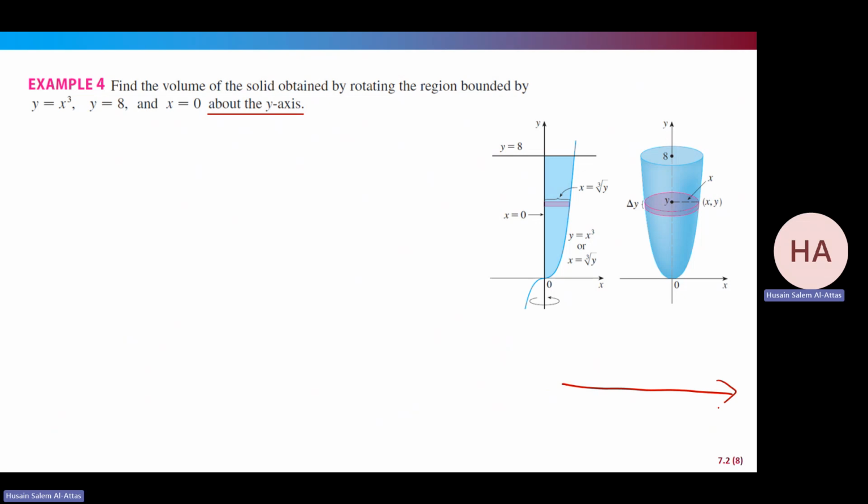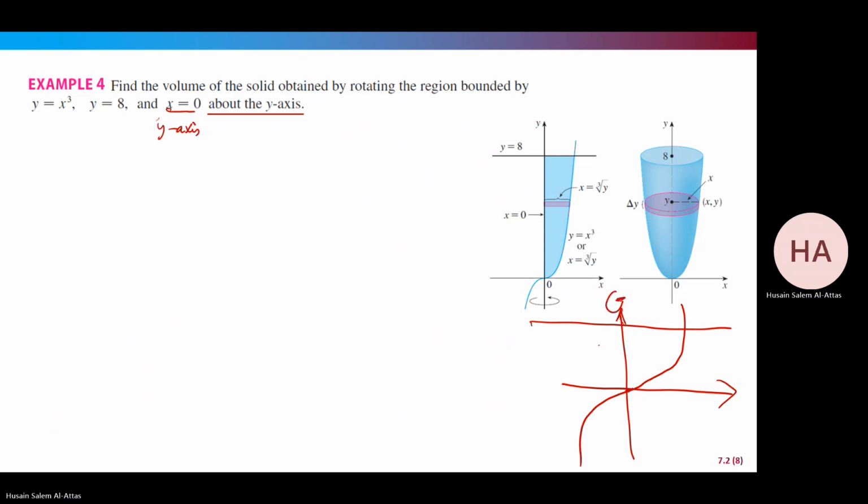Let me do the graph again, just to show you what's happening. I have y equal 8. This is y equal 8. And x equals 0. X equals 0 means the y-axis. This is x equals 0, the y-axis. And this is the axis of revolution. It will be the same.